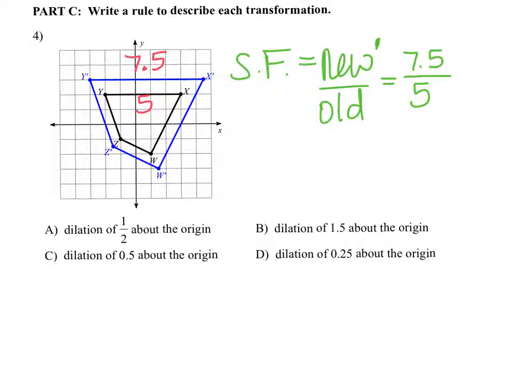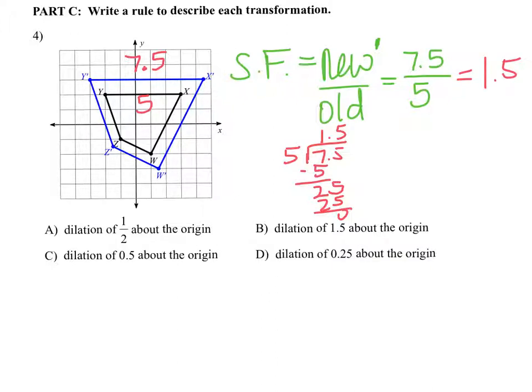So 7.5 divided by 5 goes in one time. Let's see, that would be 5, 25, 0. So it would be 1.5. So this is equal to 1.5.